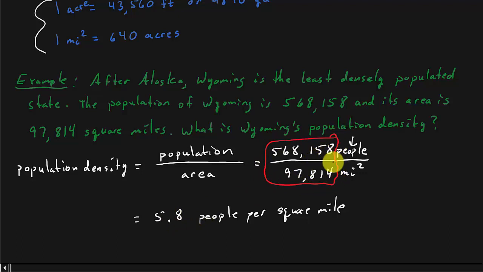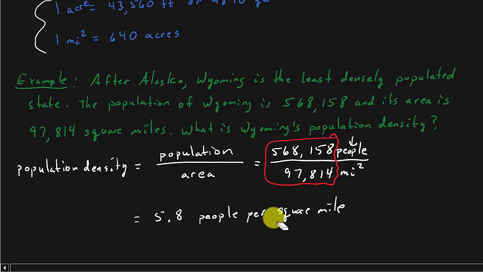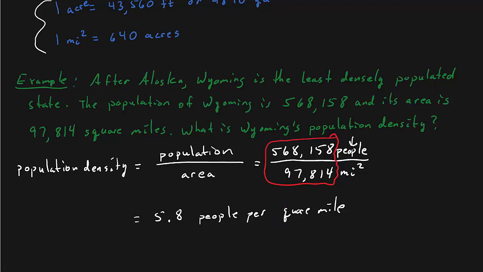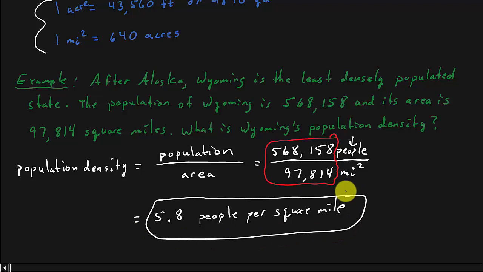So it's 5.8 people per square mile. This means that there's an average of only 5.8 people for every square mile of area. And so that's what we're finding. Let me make that look more like an S. And that's your answer.